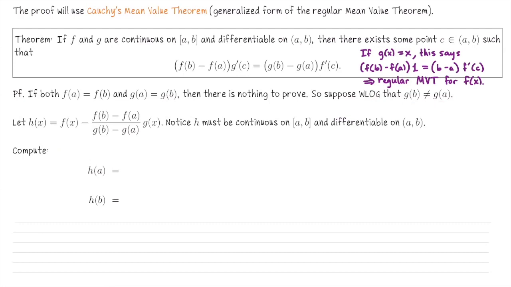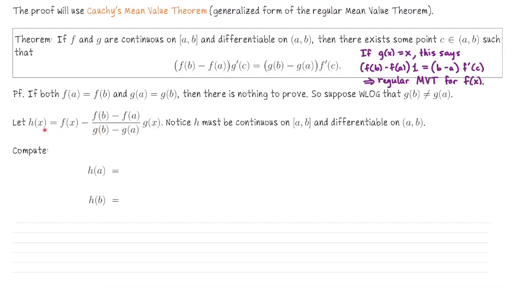The reason why we do that is we're going to define a function h of x now, and it's going to have g of b minus g of a as a denominator. So h is kind of measuring the difference between f and g, but it's a scaled version of g. So h of x is f of x minus this number, f of b minus f of a over g of b minus g of a, notice that's just a number, times g of x.